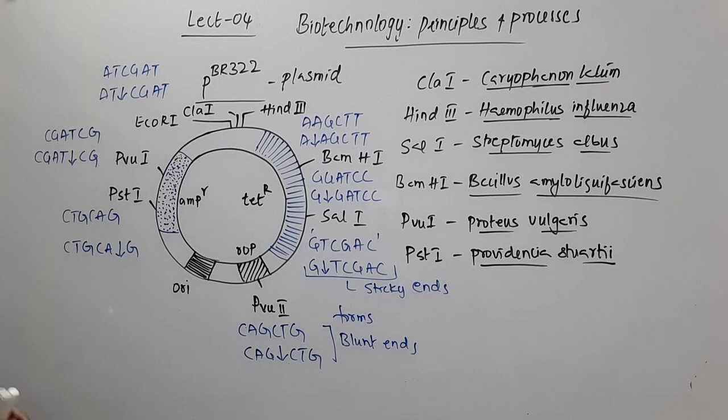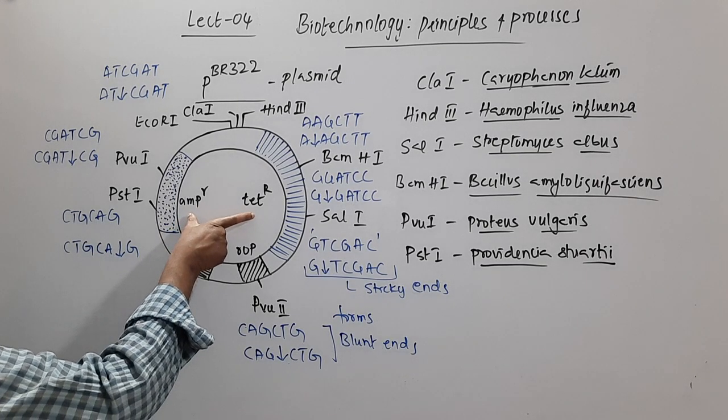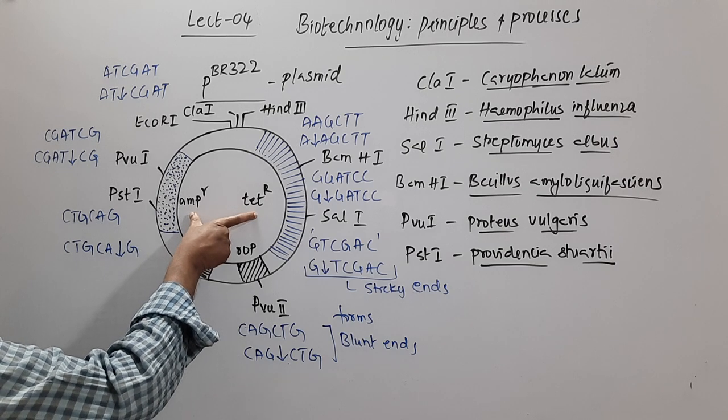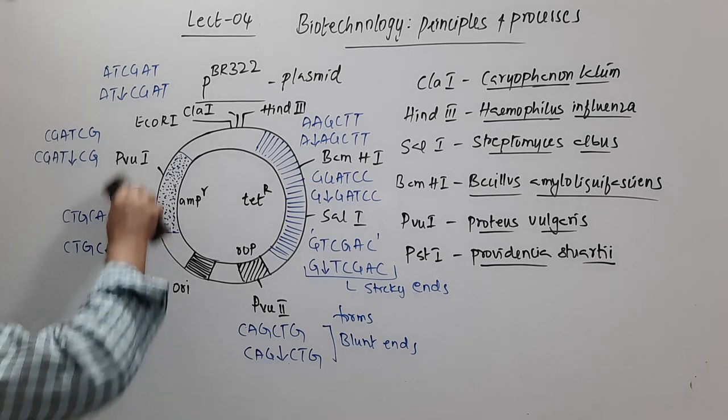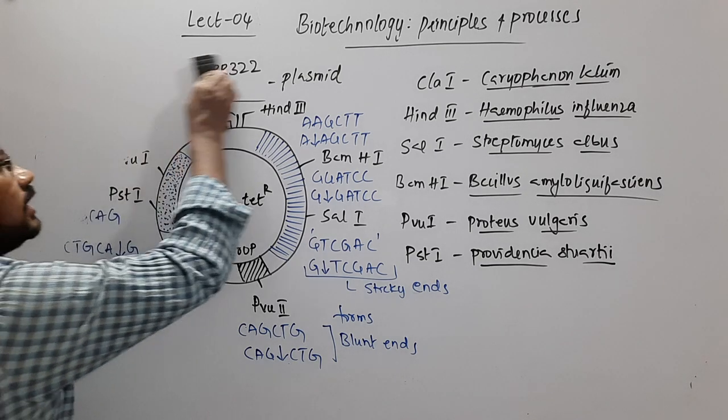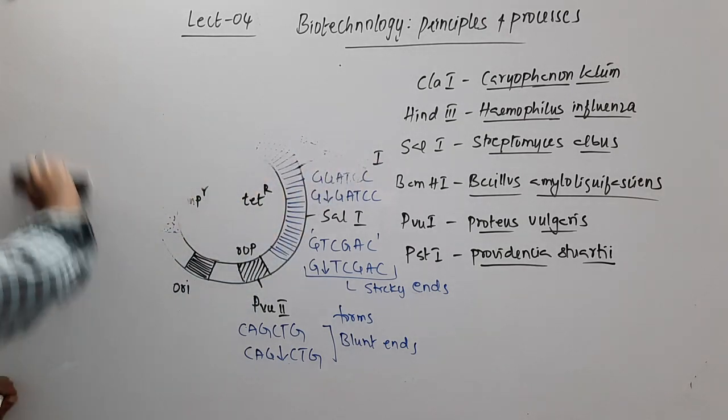Right, so that's the structure of this pBR322, and I told you that these ampicillin resistance and tetracycline resistance genes will act as the selectable markers and will help in identifying the recombinants and non-recombinants. So how is that, we will see in detail.